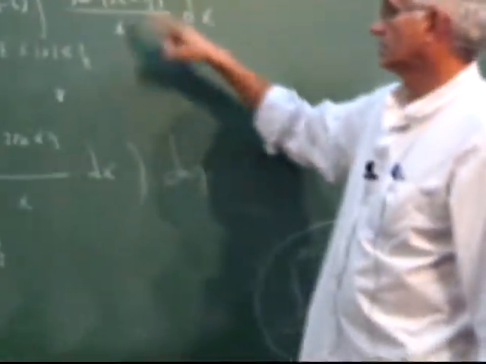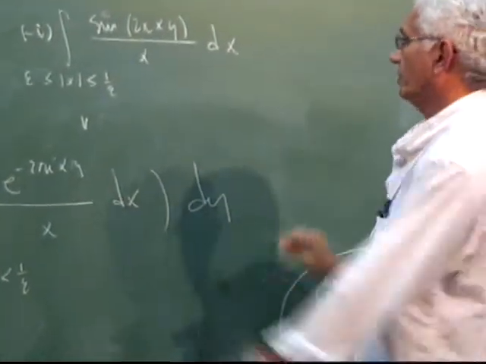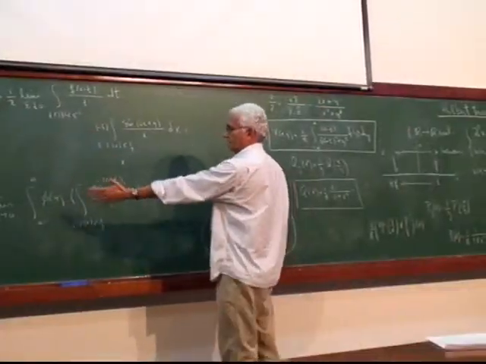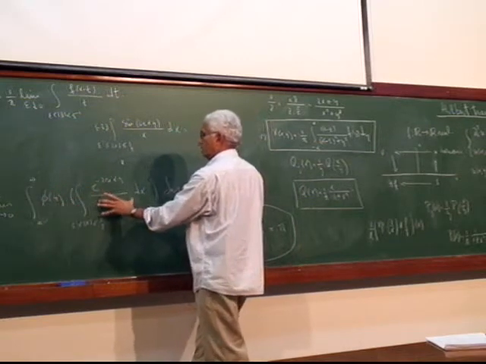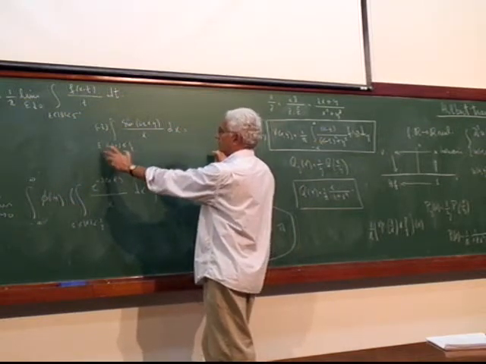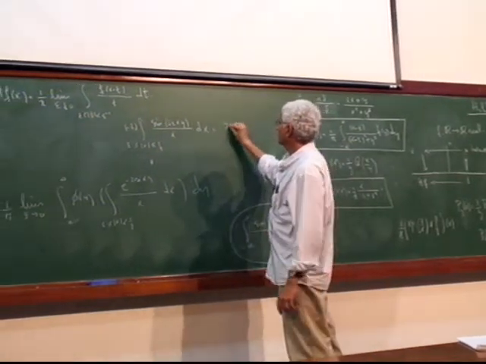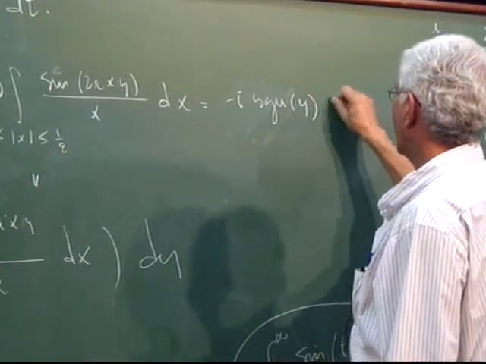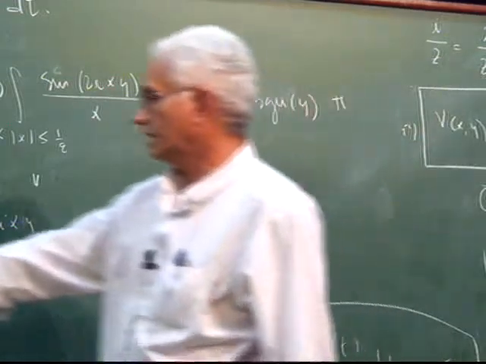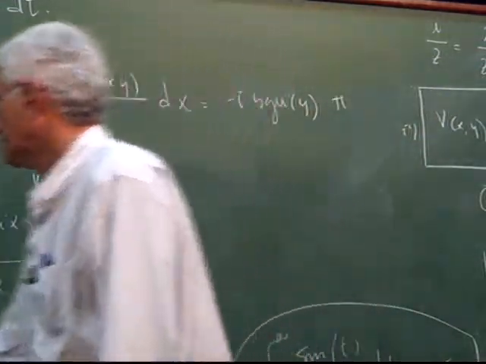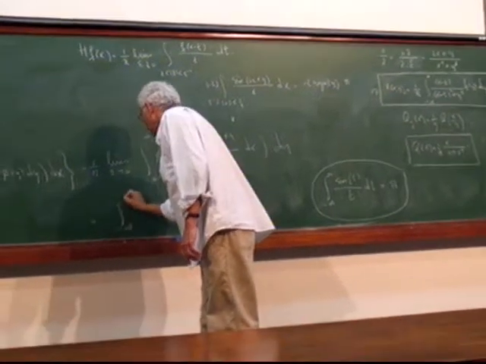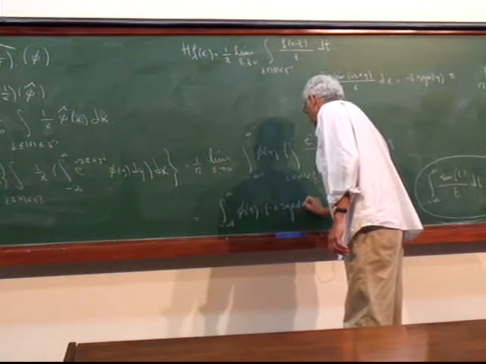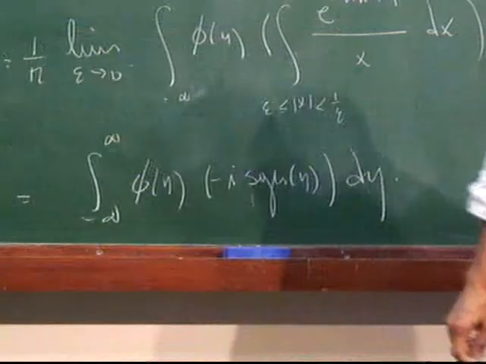You change variable, and when you do all this, when you take now the limit inside, this is independent of the epsilon in here, you take this limit, and you're going to have that this is exactly minus i, the sine of y multiplied by pi here, but you have another pi here. Therefore, this gives you the integral between minus infinity and infinity of phi of y times minus i sign of y dy. I think this is correct.